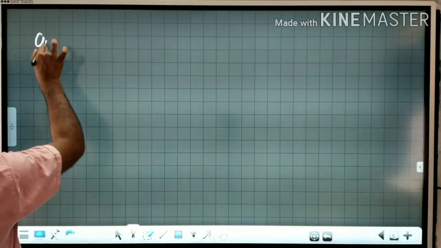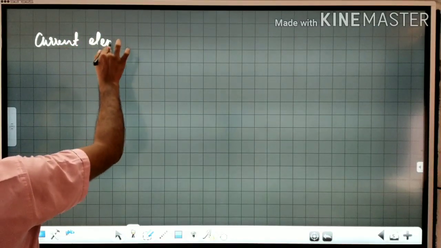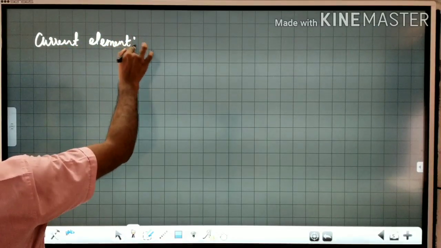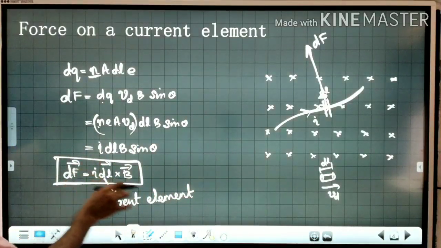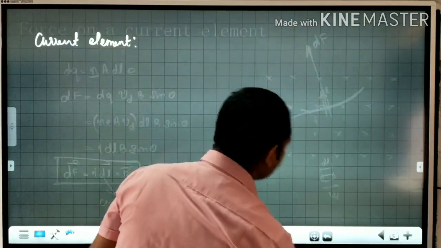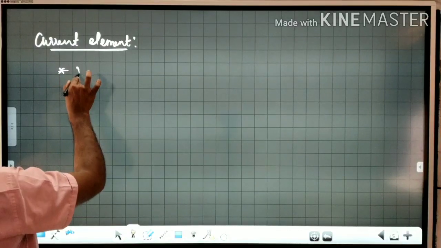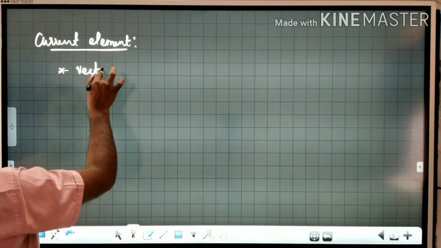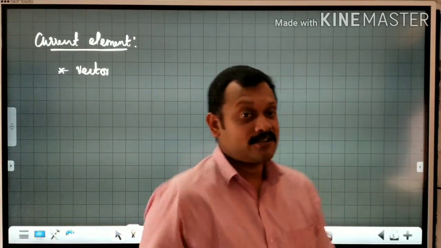So what is a current element? From here you can see that current element is I dl, and please understand that I dl is a vector. Current element is a vector.